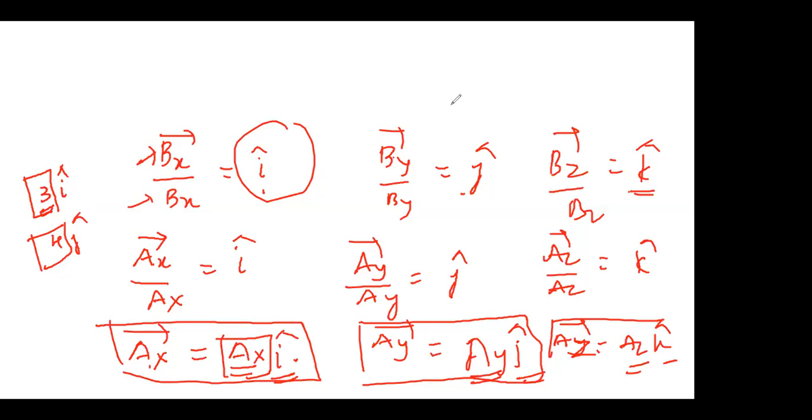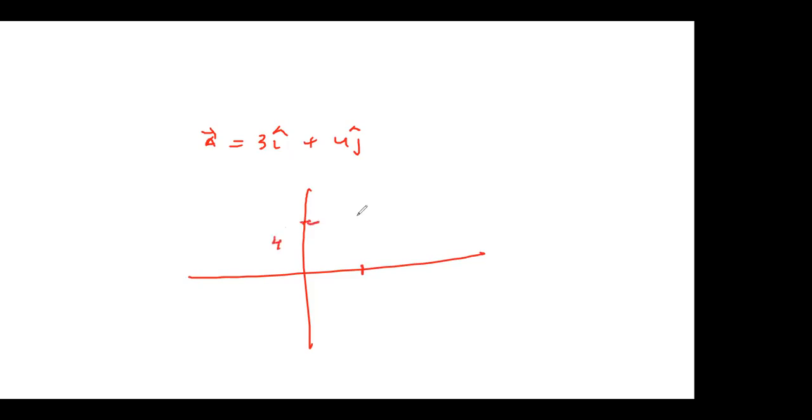Now one more. If you have followed this much, A bar is 3 i cap plus 4 j cap. I want to draw this on the coordinate system. 3 i means 3 is the x component and this is 4. So can I say my vector will pass like this? This is 3 i cap plus 4 j cap. Concept clear? Yes, sir.